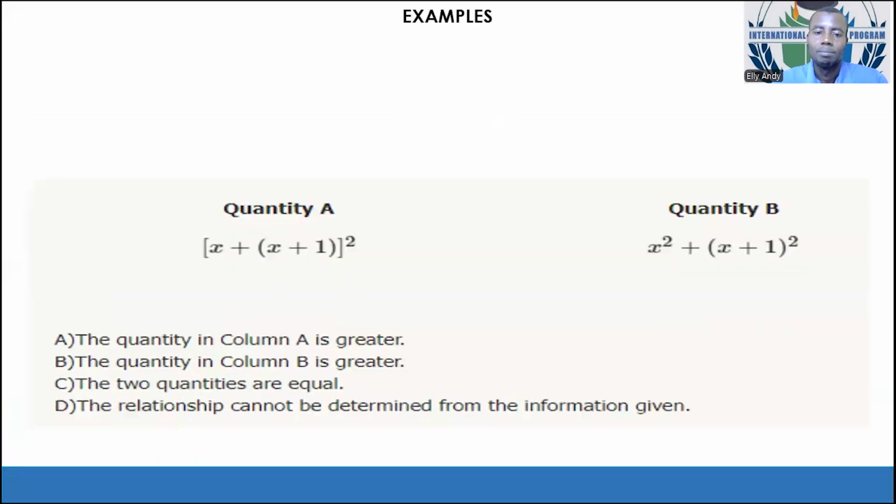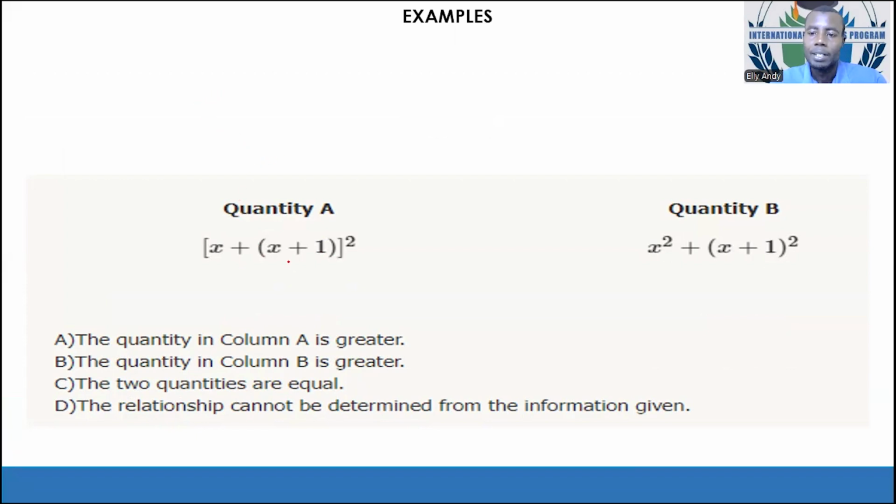Very fast. Okay, we have another one here. Quantity A, quantity B, we can see some unknowns, X, but we are not told anything about X, so it can be any number. Okay, but before we can determine the relationship, remember what we said.